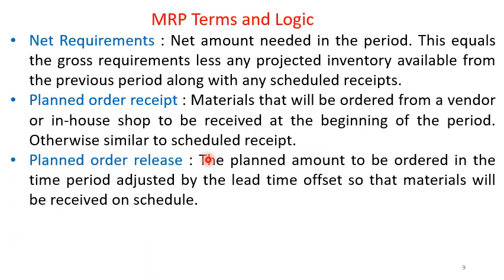Planned order release. What is planned order release? The planned amount to be ordered in the time period adjusted by the lead time offset. And this is pertaining to the planned order receipt. If the planned order receipt is the materials that will be ordered at the beginning of the period from the vendor, in what quantity you are going to place the order, that is the planned order release.